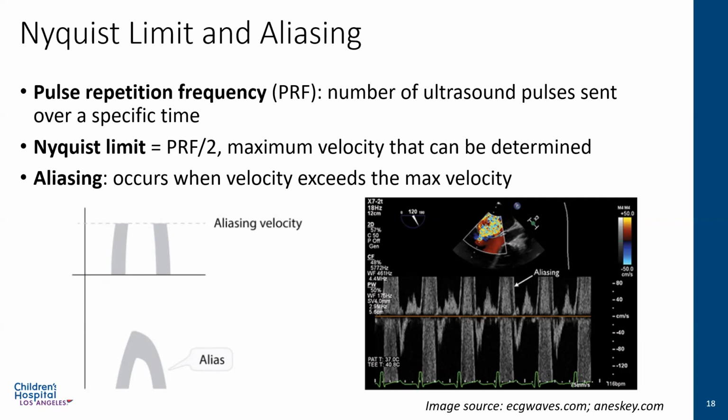And the Nyquist limit is going to be that number divided by 2, which is your maximum velocity that can be determined. Aliasing occurs when your velocity exceeds that max velocity. And what that looks like on ultrasound is that you go beyond this screen and you have the signal wrap around your baseline.